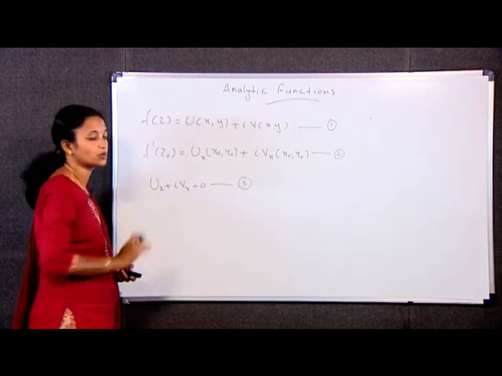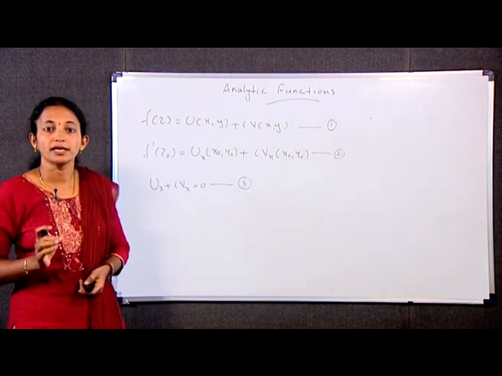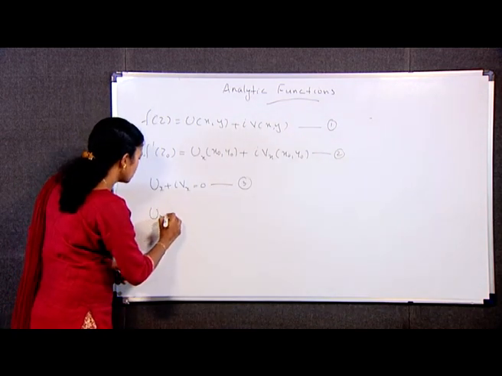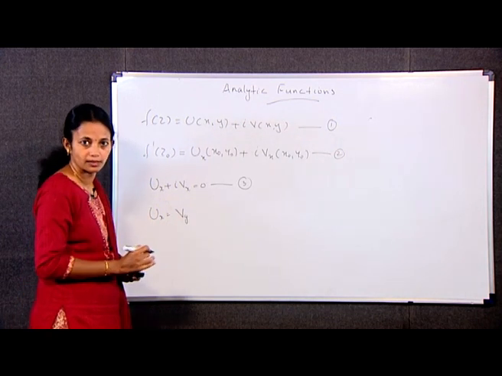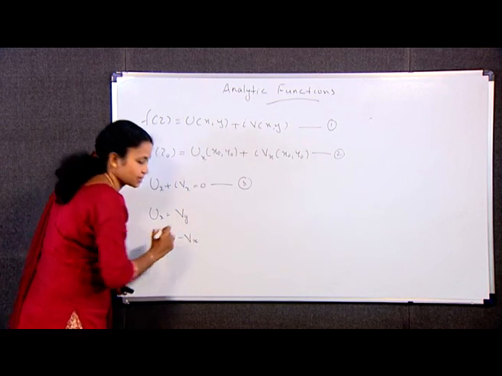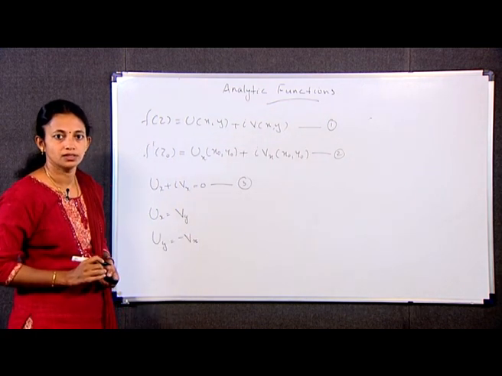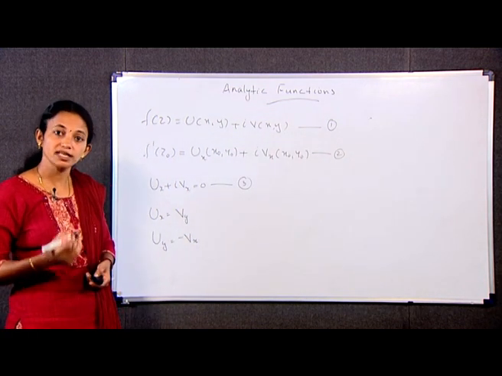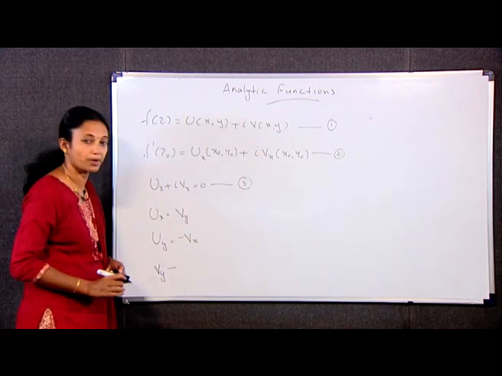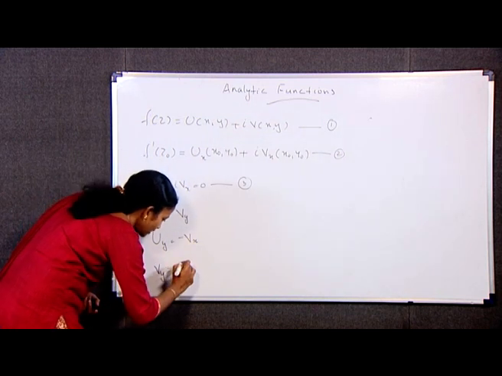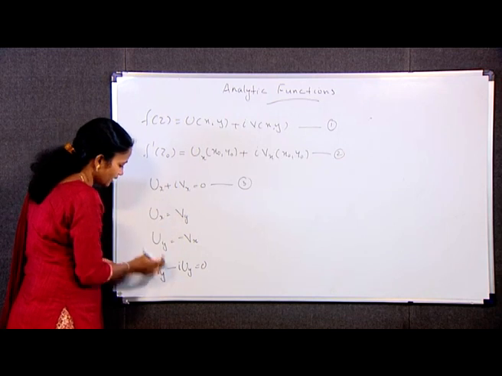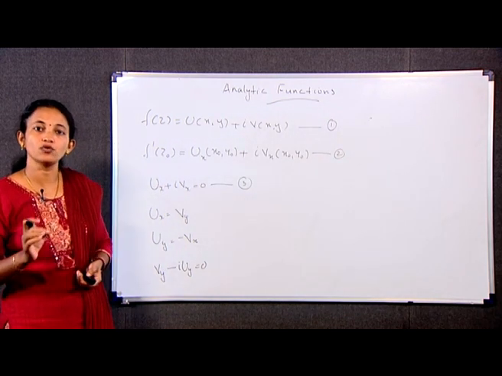That is, here it is equal to 0. Also by the Cauchy-Riemann equation we have ux is equal to vy and also uy is equal to minus vx. Equation 3 gives vy minus iuy is equal to 0.